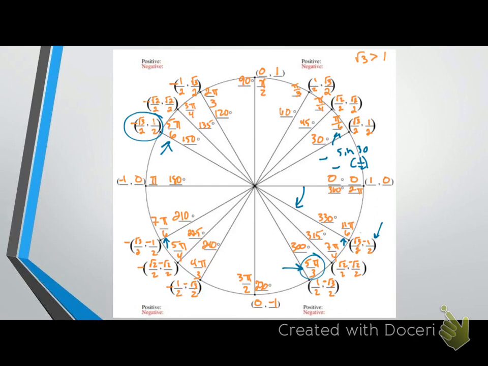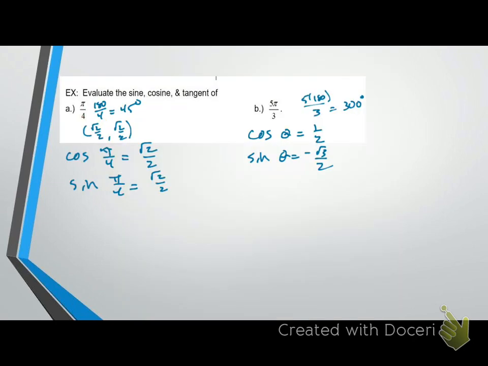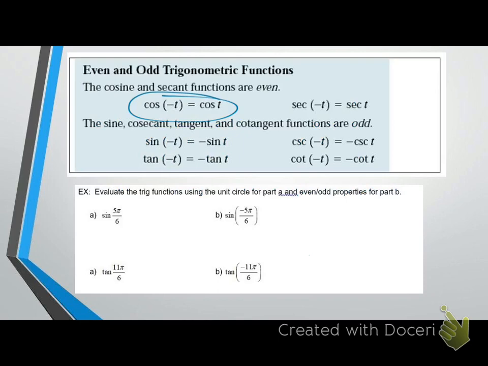But 5 pi over 6 is in quadrant 2 because it's just less than 1 full pi. So that means if we're in quadrant 2, the x has to be negative, the y has to be positive. So our coordinates are negative radical 3 over 2 and 1/2. So if we want sine of that, then that's just going to be positive 1/2.